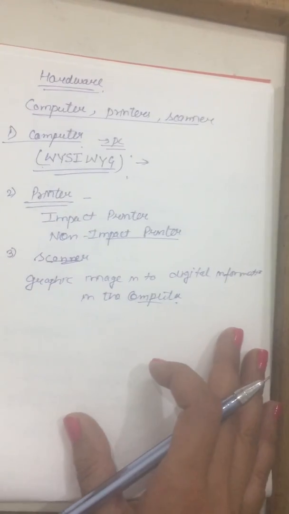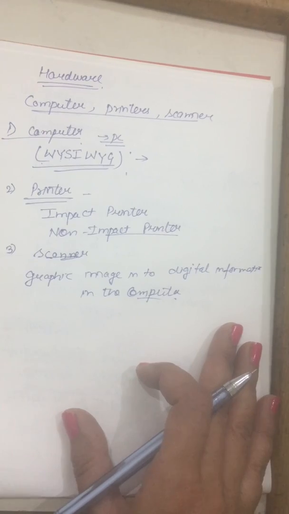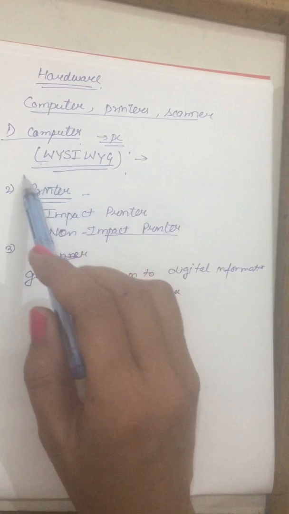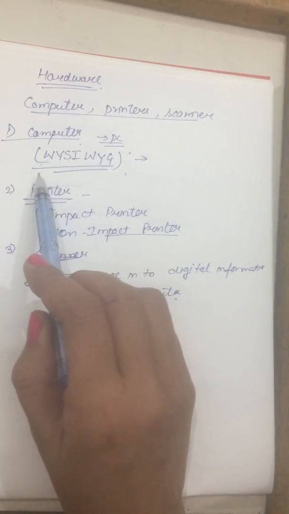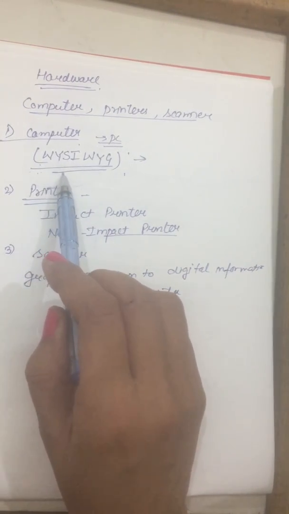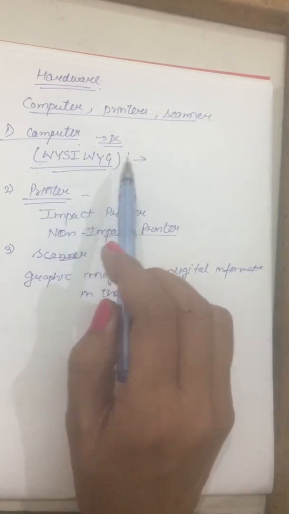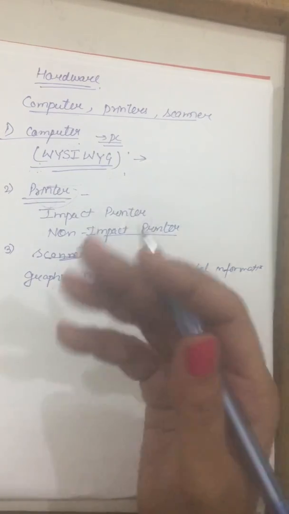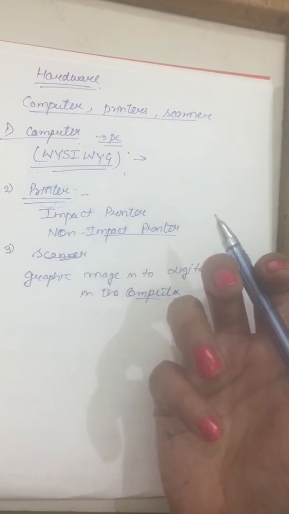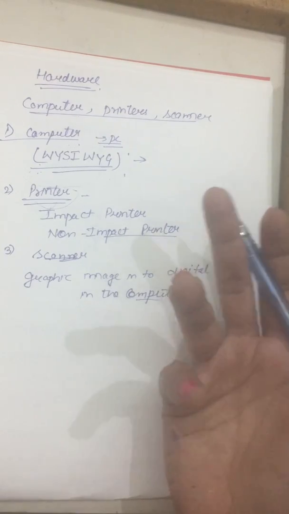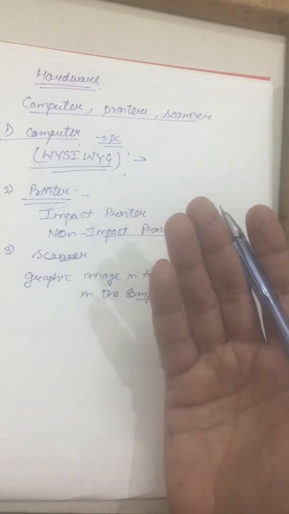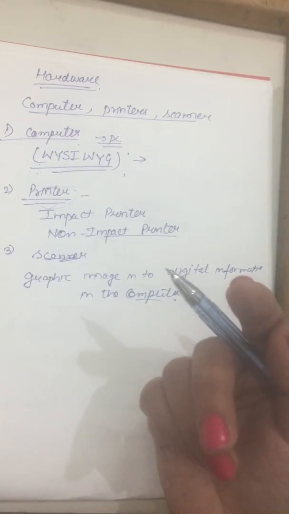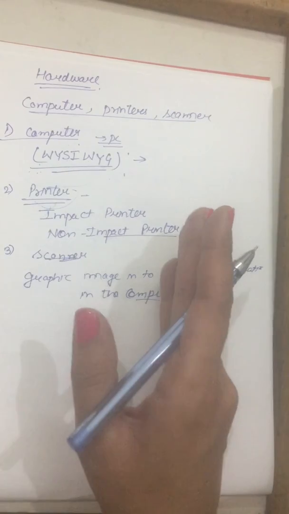So these are the different types of hardware which are used for the DTP system. First is the computer, also called the personal computer, in which we find what you see is what you get. Then second is the printer. Different types of printers are used according to the requirement of the product: what type of colors they want, what types of quality they want, all depends on the different types of printers.